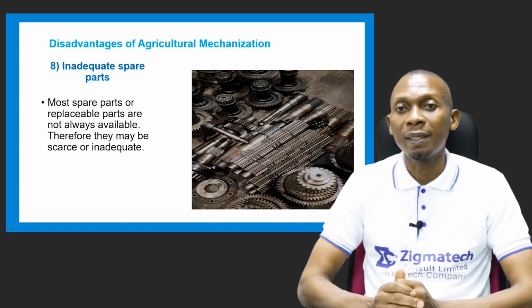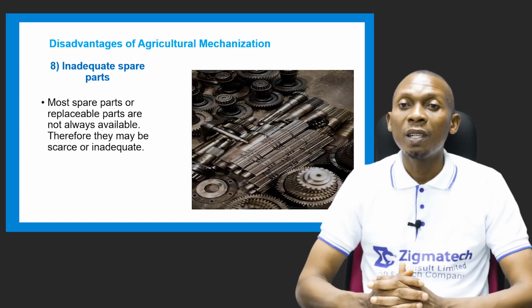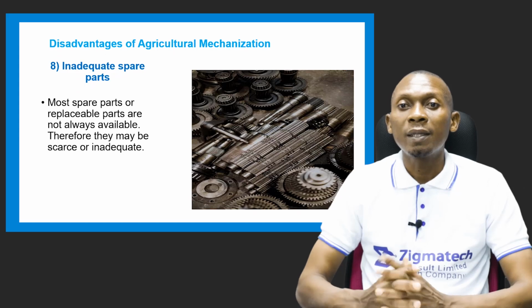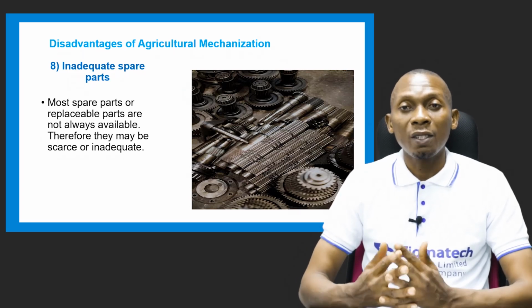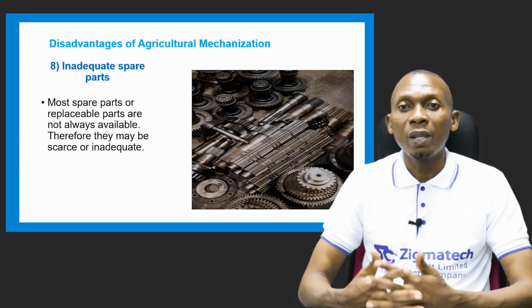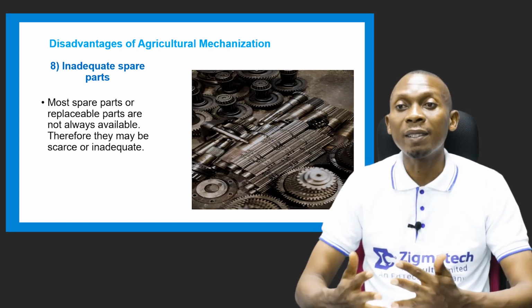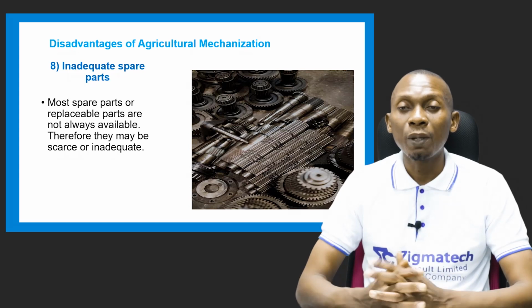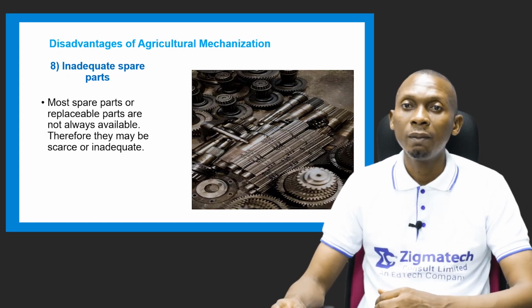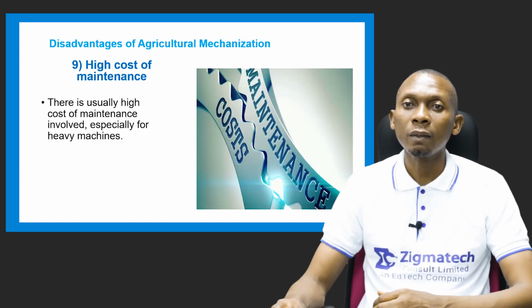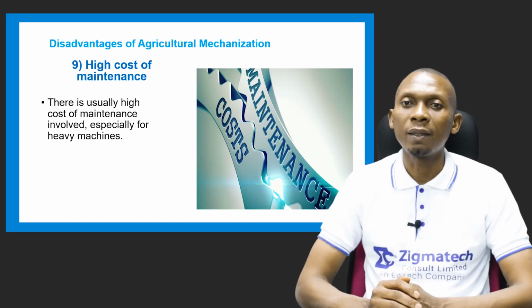Inadequate spare parts. As I said earlier, these machines are developed in the Western world, and so are the spare parts. Since they are not developed in West Africa or Nigeria, we need to make use of these spare parts whenever the need arises, and these spare parts are inadequate. High cost of maintenance.